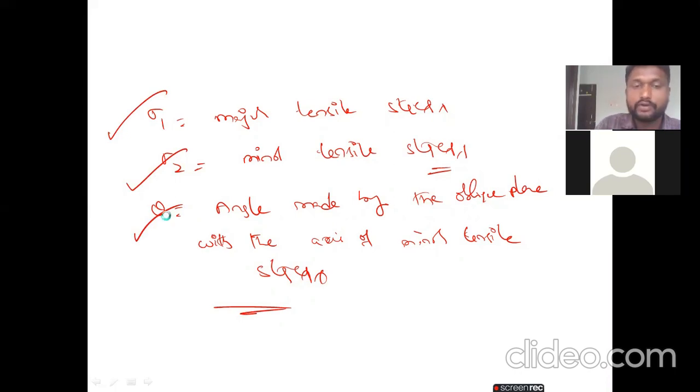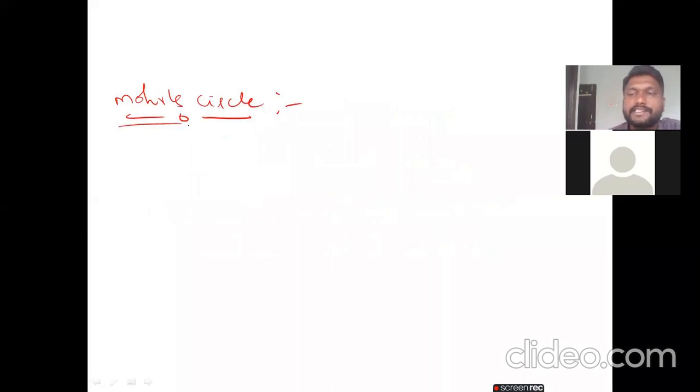Now we have to draw the Mohr circle. How will we draw it, and how will we calculate the normal, tangential and resultant stresses from it?